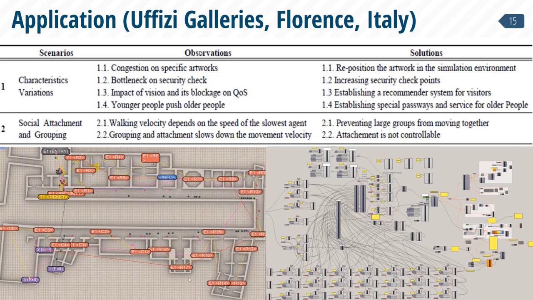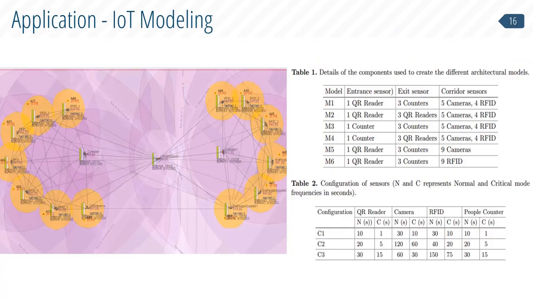As you see in this step, we modeled the IT architecture of the Uffizi case using the CAB modeling framework and simulated those models with CAB carbon simulation. The CAB carbon simulation actually considered 6 different architecture models, as you see in the first table, along with the 3 configurations.